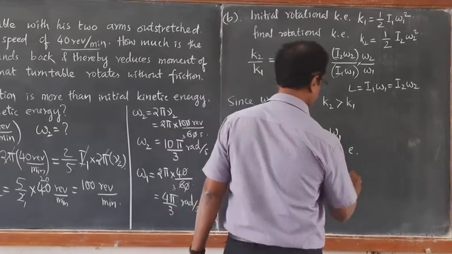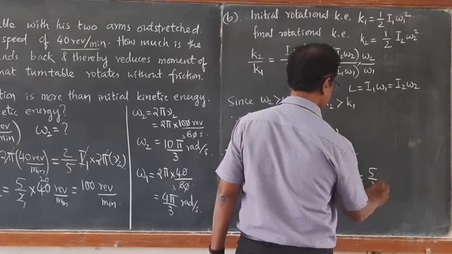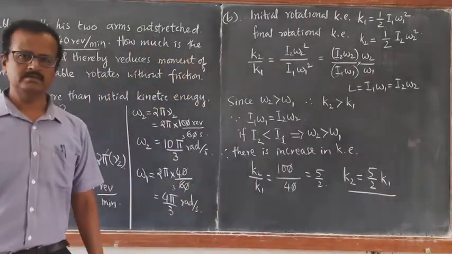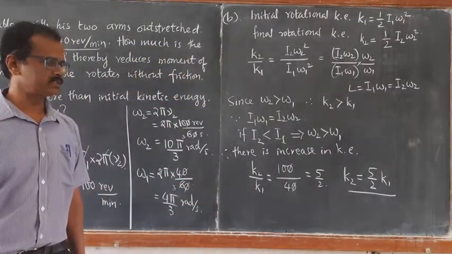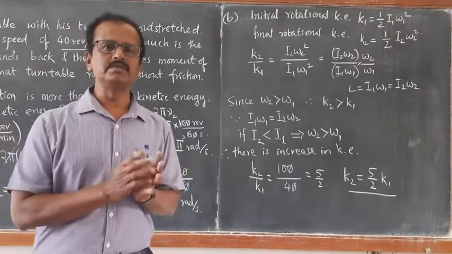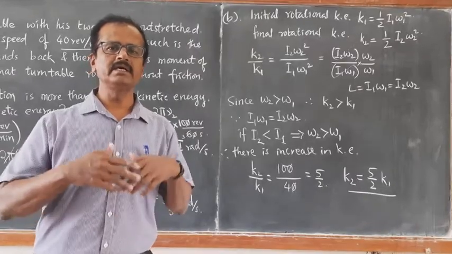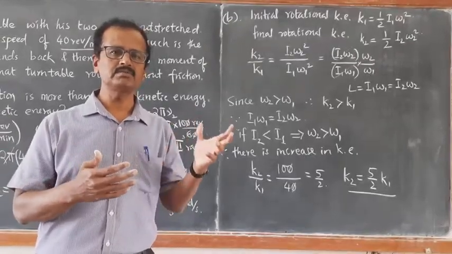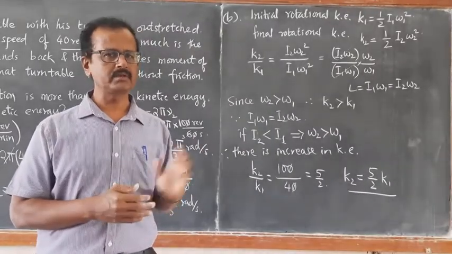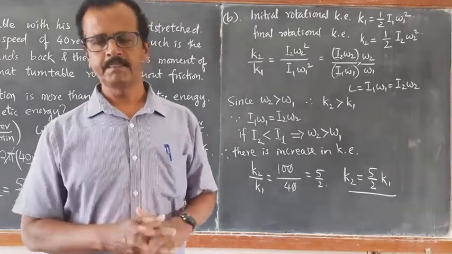Therefore, K2 is equal to 5 by 2 times K1. So this is how we get the relation between kinetic energies. When we reduce the moment of inertia, angular velocity increases because of conservation of angular momentum. I think you got the point. This is an application of conservation of angular momentum.